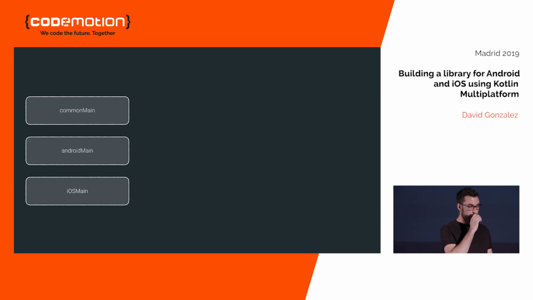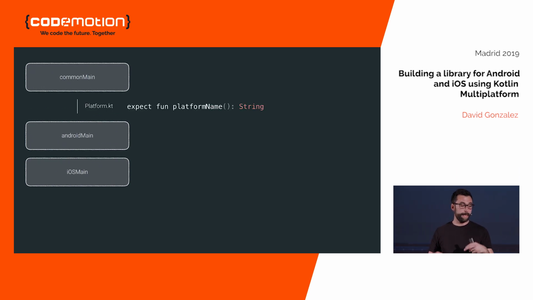We're going to define a library that has common, Android and iOS source sets. In the common one, we're going to expect a simple variable that we'll call platform name. And that is what we expect to be defined in each one of the modules.